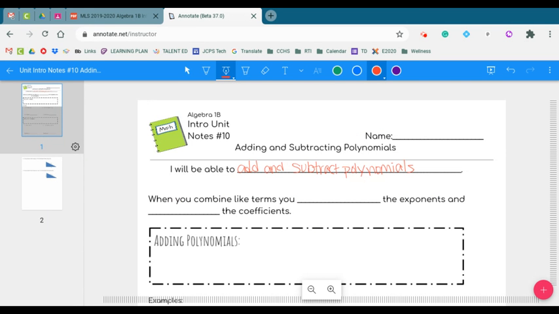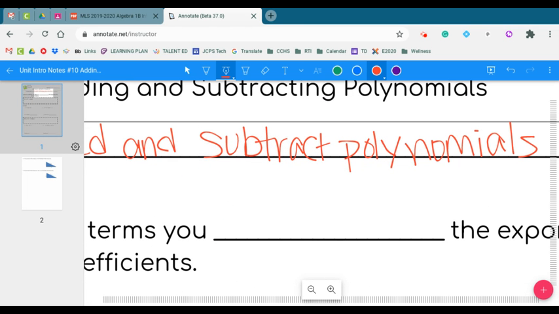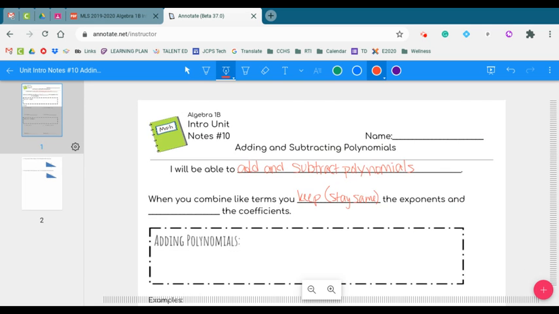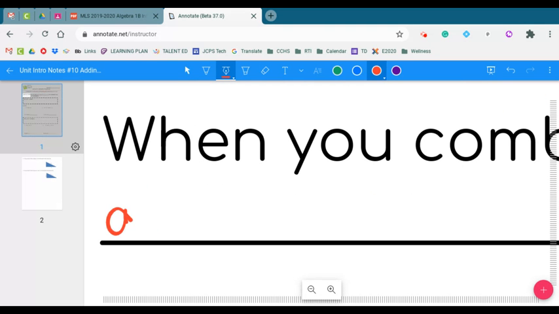Okay, so when you combine like terms, you keep the exponents. That means they stay the same. And then you add or subtract the coefficients.